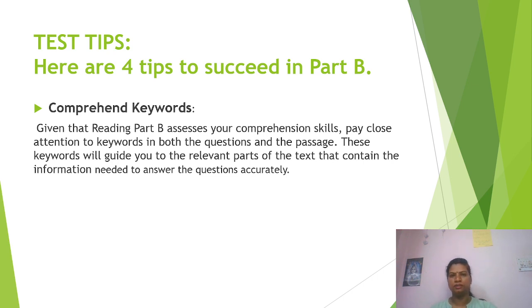Read the first option and ask yourself, is the paragraph saying anything about the first option? Then read the second, and read the third. And finally, you will get one answer.